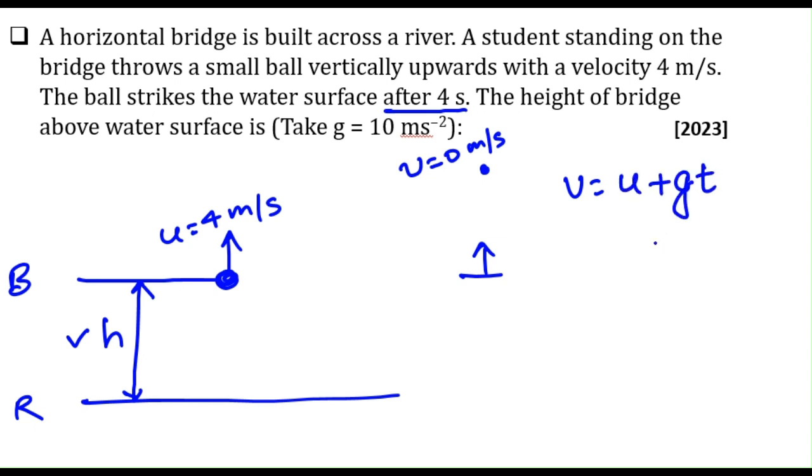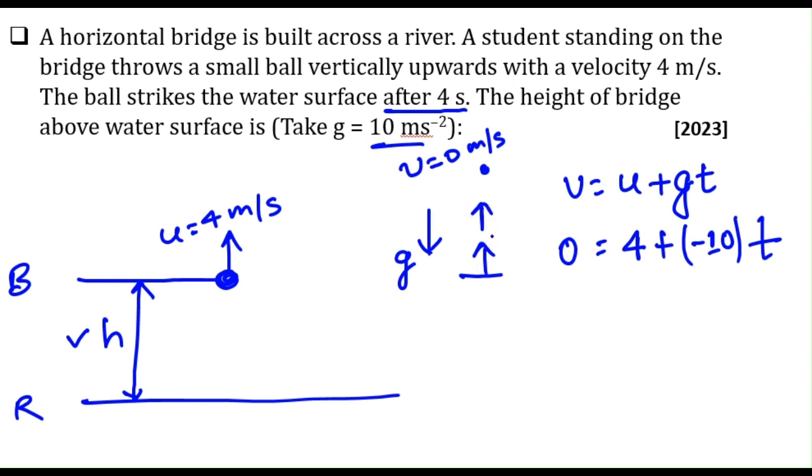Here A is nothing but G, and we can write U is 4 meter per second and V is 0 at maximum height, plus let's say G equals minus 10 as given here, into T. Why am I taking minus 10? Because here acceleration due to gravity is in the opposite direction to the direction of velocity, or to the direction of motion. So T will be nothing but 4 by 10 second.